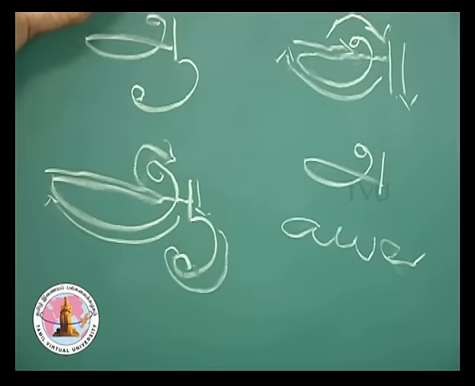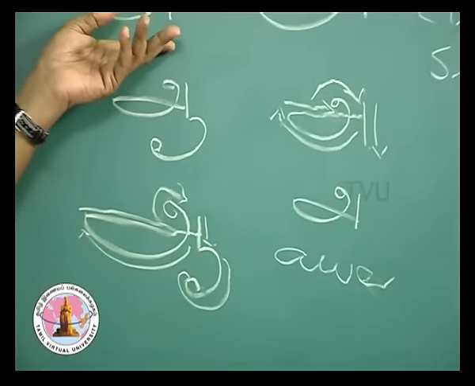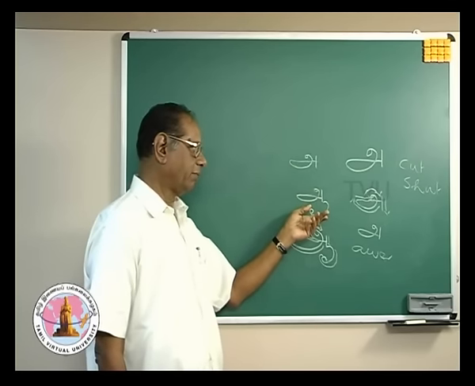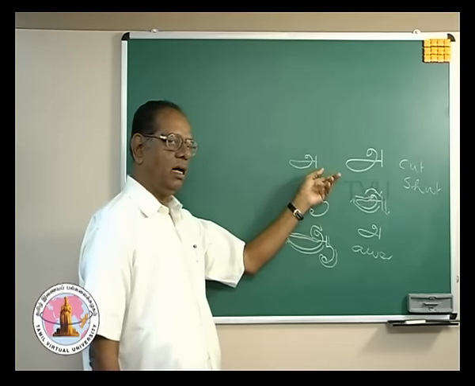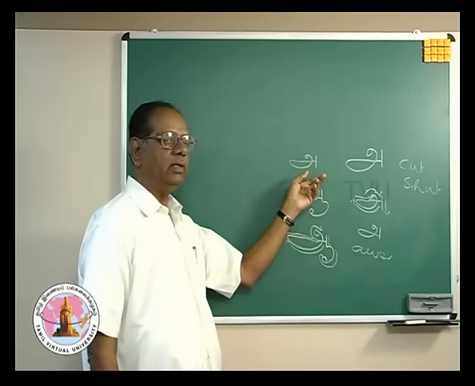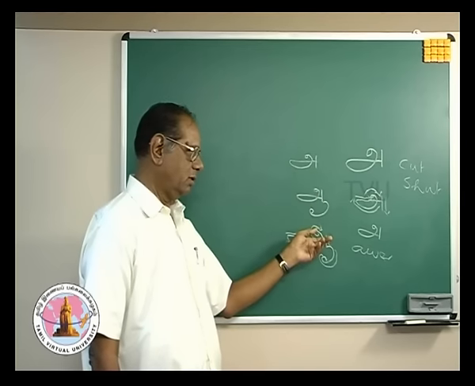So this is the first letter of the Tamil alphabet and this is the second letter, that is A and O. Now you know the form, that is how to write and how to pronounce it.